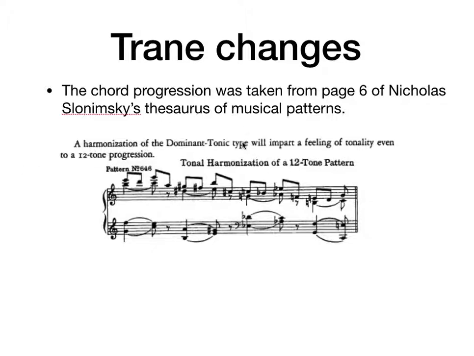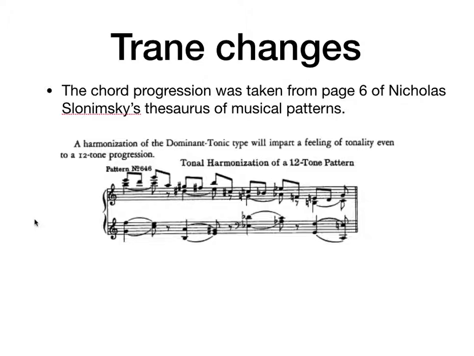The train changes chord progression came from page 6 of Nicholas Slonimsky's Thesaurus of Musical Patterns. Everything in there is symmetrical divisions of an octave. What Slonimsky does is he takes each chord, and then, as you see here, a harmonization of the dominant tonic type will impart a feeling of tonality, even to a 12-tone progression.